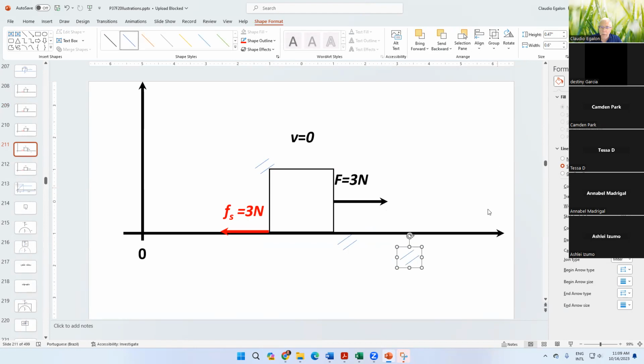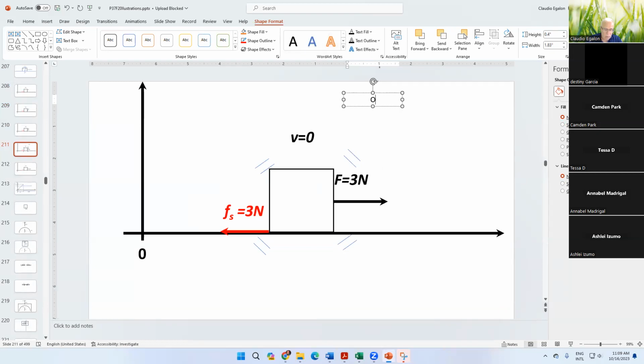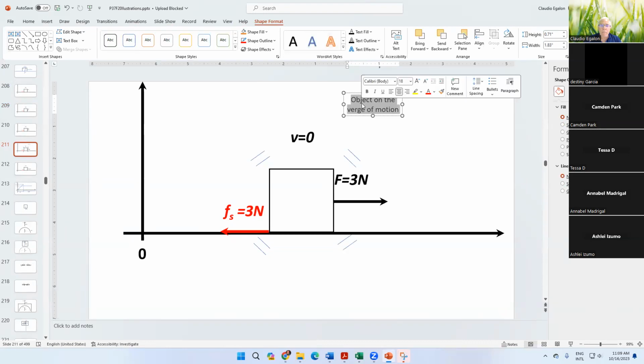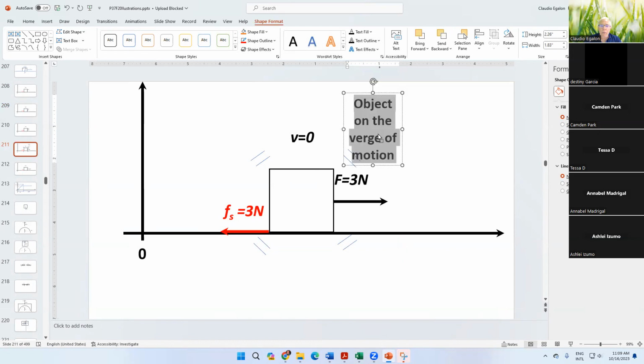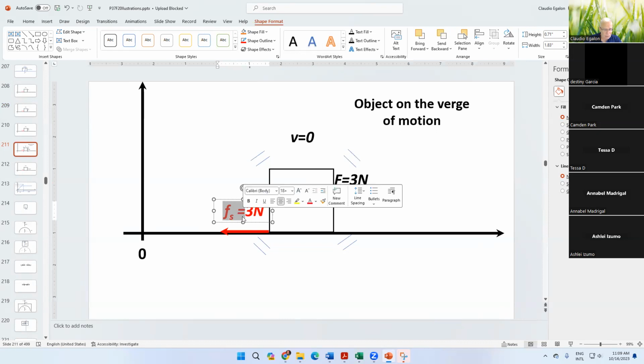I'm even going to emphasize here, object on the verge of motion, a little bit larger. This force of static friction.